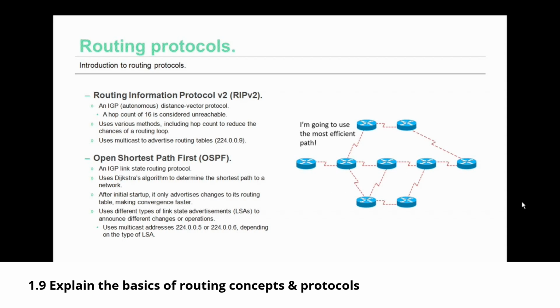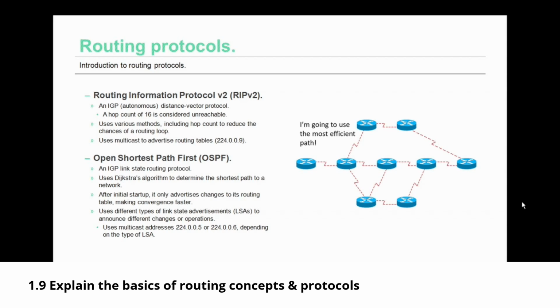Open Shortest Path First, OSPF, is the most popular IGP that's currently being used. It is a link state routing protocol. It uses the Dijkstra algorithm to determine the shortest path to a network. After its initial startup, it only advertises changes to its routing table, making convergence much faster.